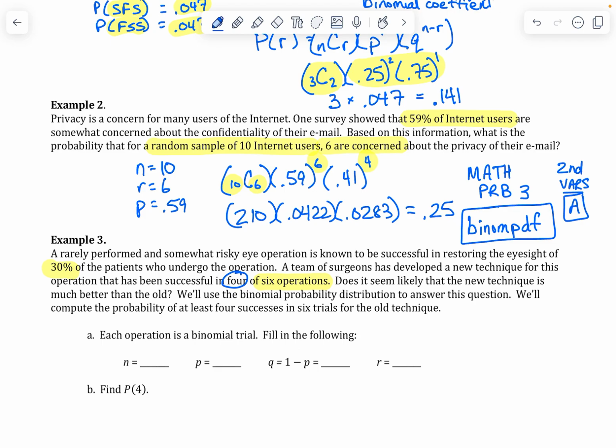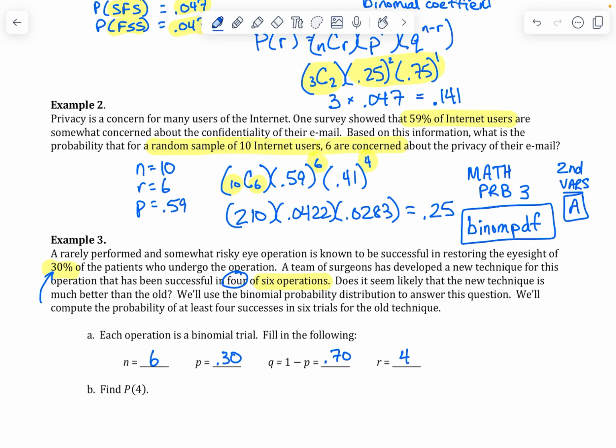And so we're going to figure out if it's likely that the new technique is better than the old, right? This new technique had 4 out of 6, but we want to see if it's any better than the original 30%. So we have an n of 6 people, and the probability of success is 30%. So that means the probability of not succeeding is 70%, and we want to see if there were 4 successes.